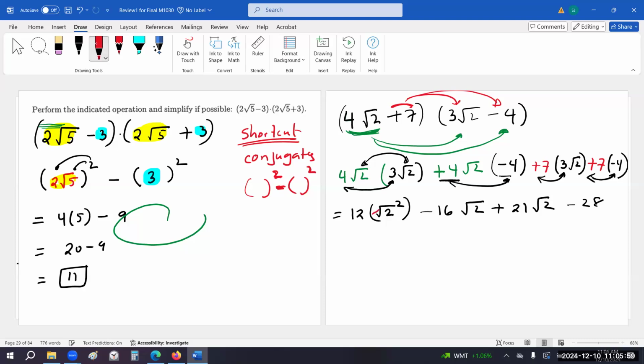Now the square and square root, they cancel out. We are left with 12 times 2. What is 12 times 2? 24. In the middle, do we have like terms? -16 root 2 plus 21 root 2. What do we have?